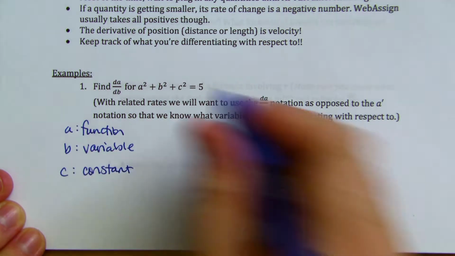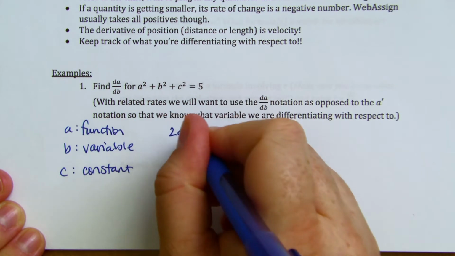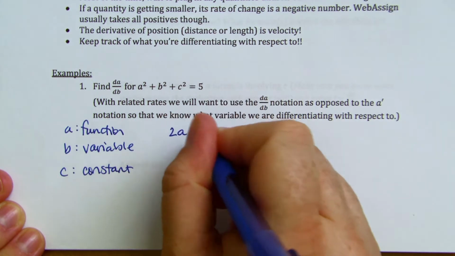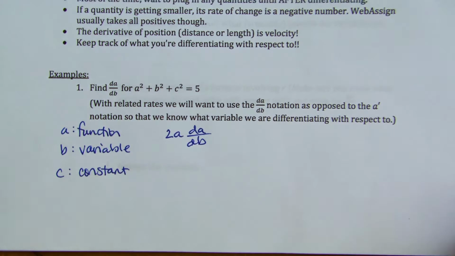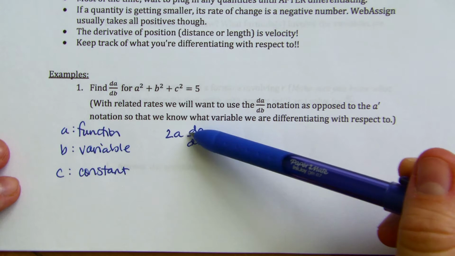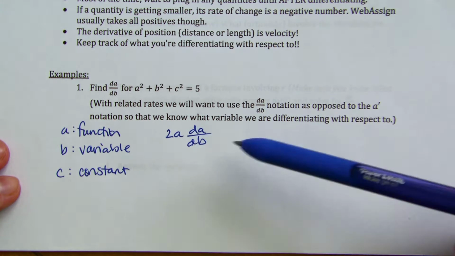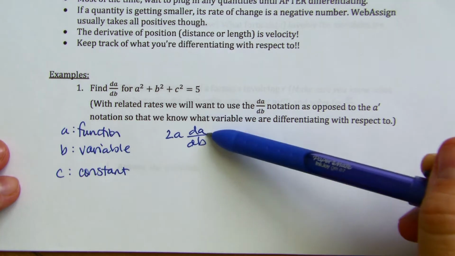So when we differentiate here, we will have 2A dA/dB. And when we learned implicit differentiation, one of the things I mentioned is that we would just use A prime to make our notation simpler, but that sometimes we do want to use this notation. In this section, you want to use this notation all the time.